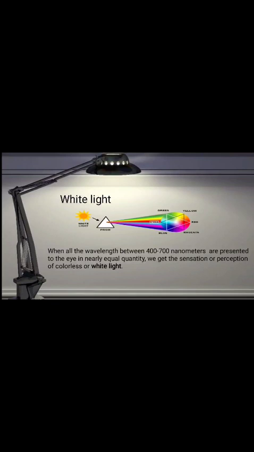White light. When all the wavelengths between 400 to 700 nanometers are presented to the eye in nearly equal quantity, we get the sensation or perception of colorless or white light.